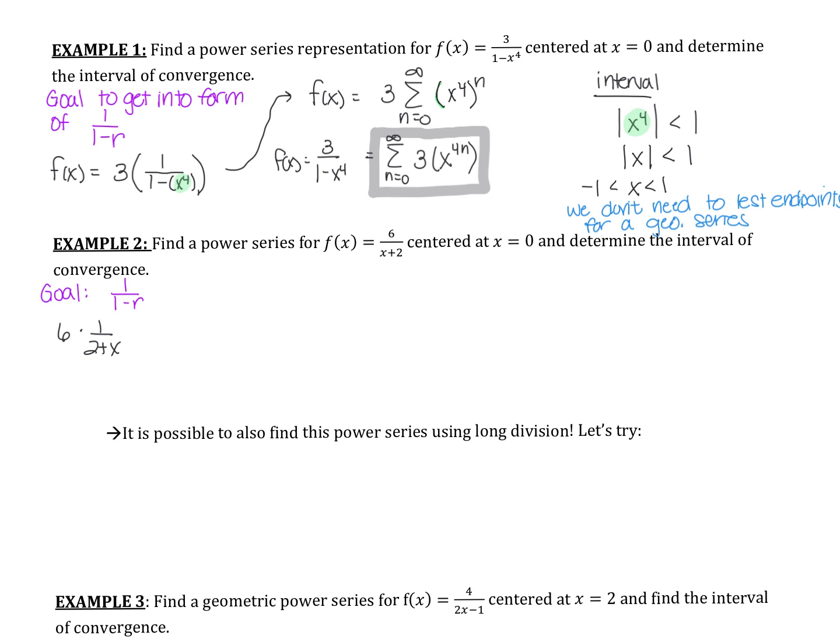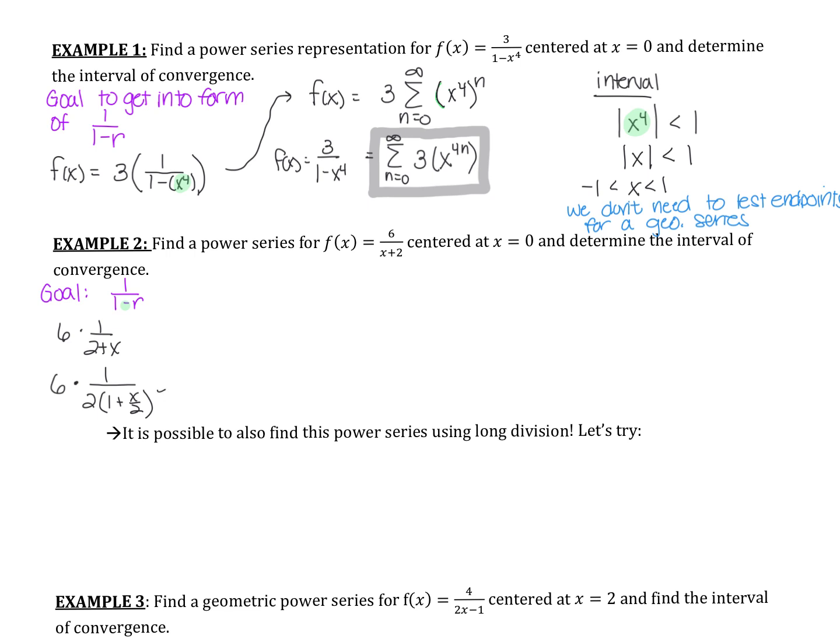Okay, here's where it gets a little weird. I want a 1. My goal is to make this a 1. And so how I'm going to do that, I still have the 6 that's out front. What I'm going to do now in the denominator is factor out a 2, which will leave me with 1 plus x over 2. Great. So I'm a little bit closer, except that my goal is to get it to be 1 minus r, and right now I have 1 plus an r.